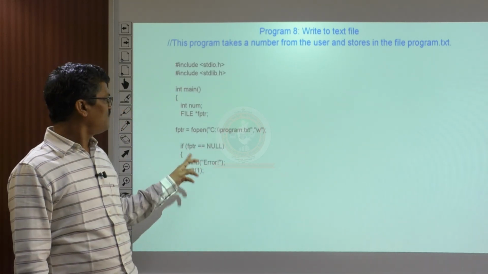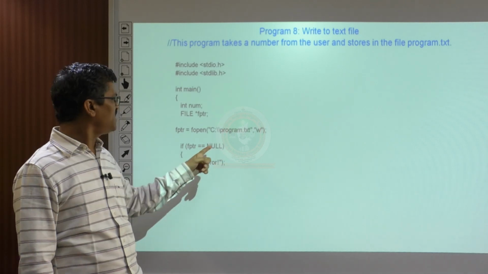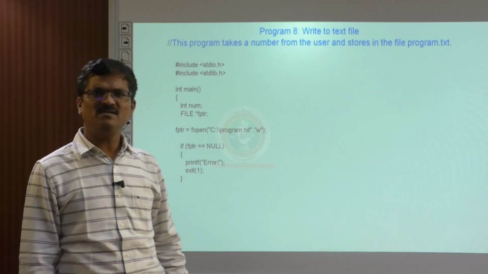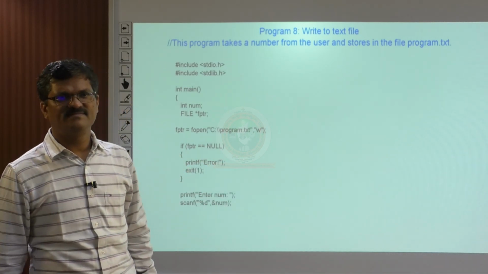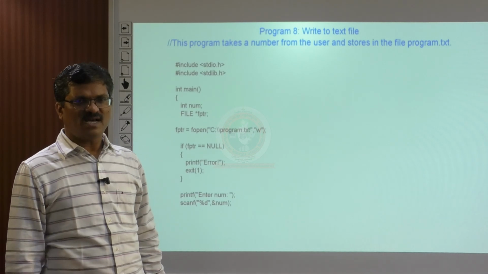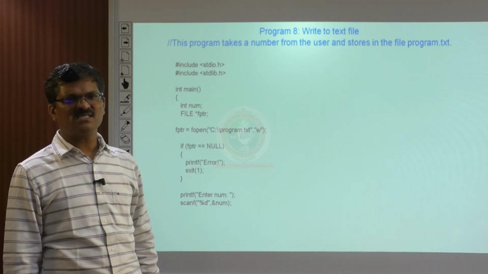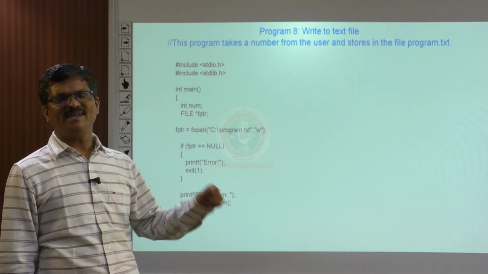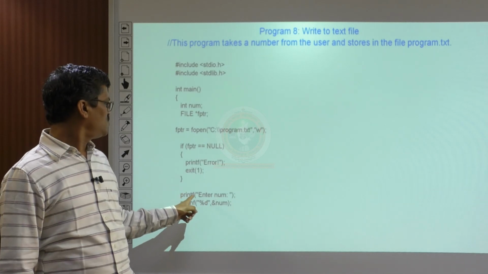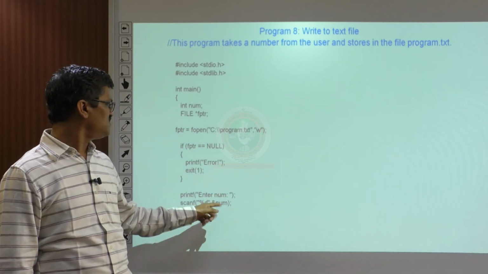Next, check whether the file is created or not. If fptr is equal to null, print an error and come out of the program. Otherwise, if it is created successfully, you can write to the file. So, printf, enter the number, scanf.